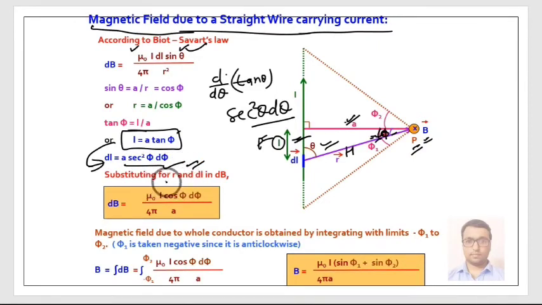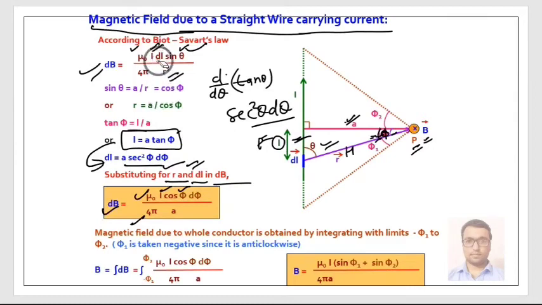Now you have to substitute the values of r and dl in this expression of dB. Then you will get dB equal to mu naught upon 4 pi, I cos phi.